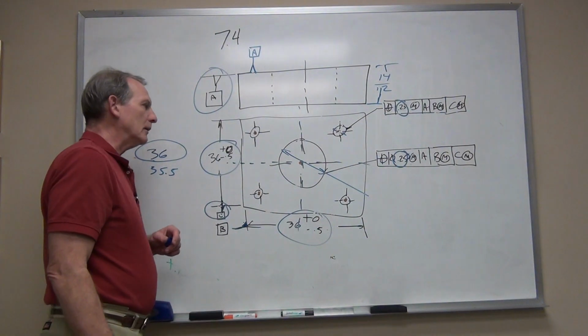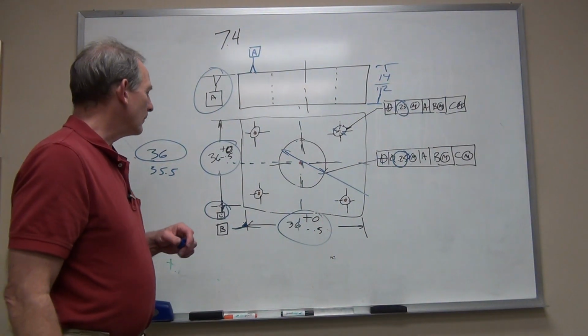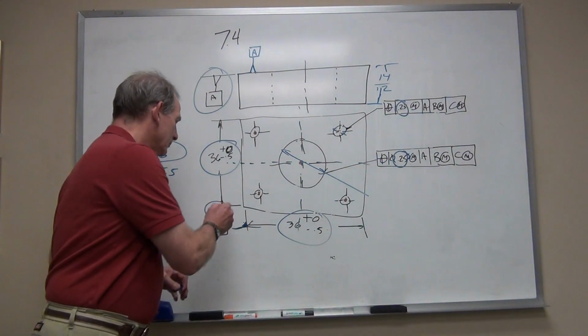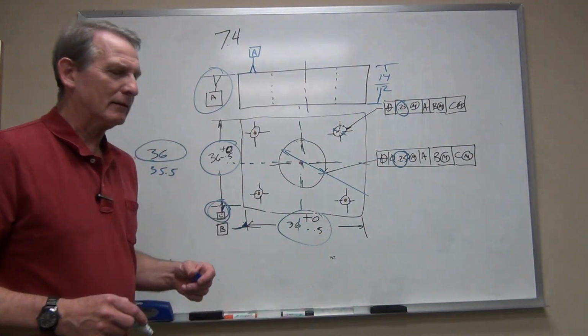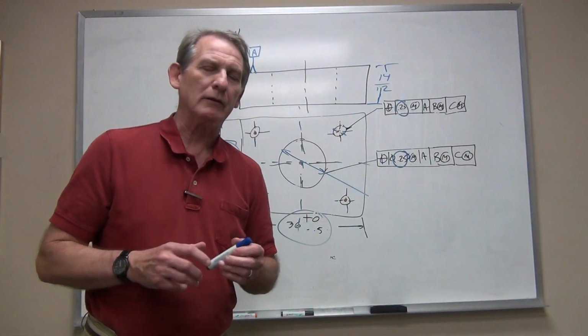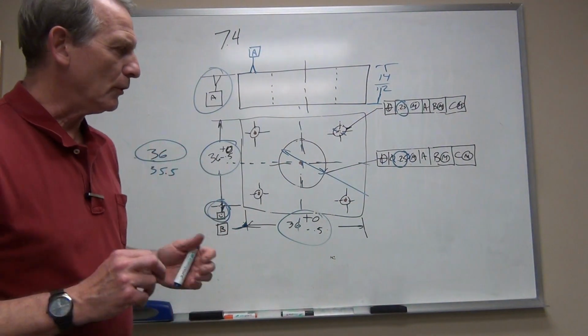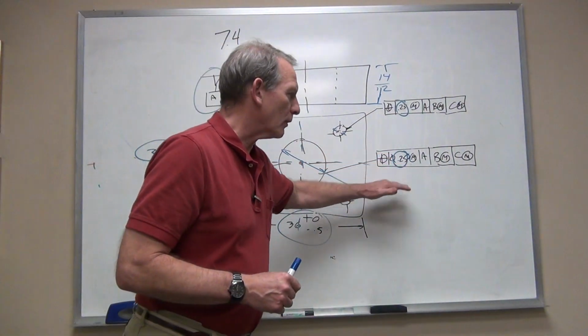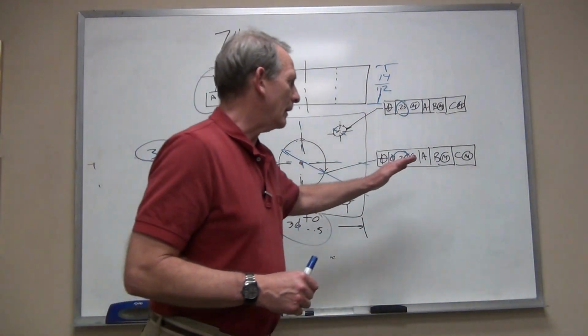That's the way it's usually done. This part, I think, is the part that I like the least, is that it really does force you to look at that. There's no other notation in the feature control frame or in the datum block.